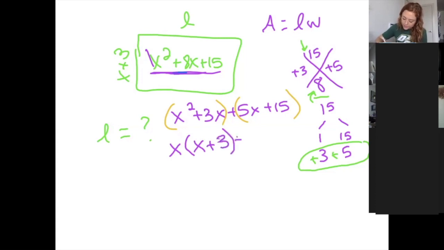So then we drop that plus, and then what's the GCF of 5 and 15? Oh, this one doesn't have an x.